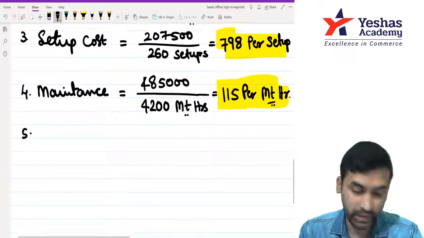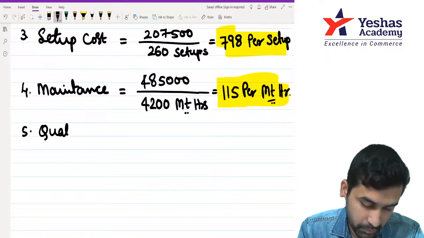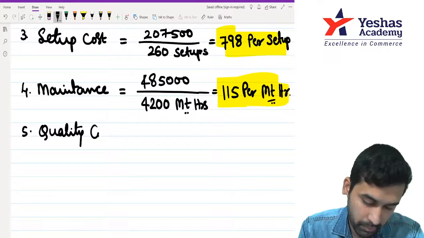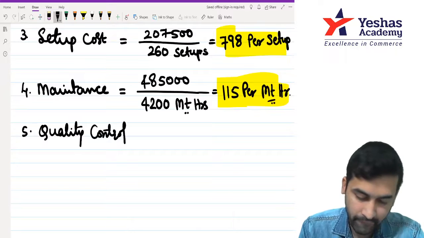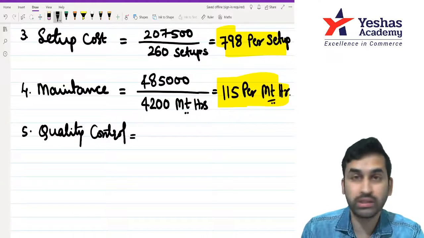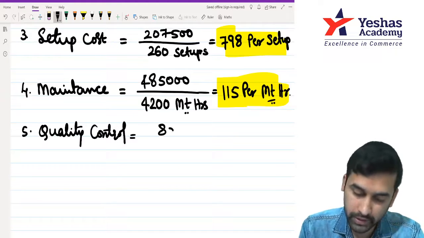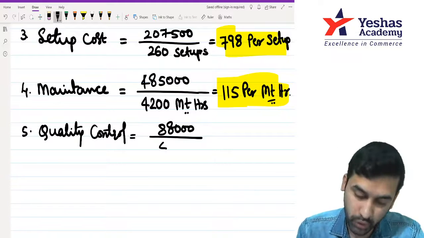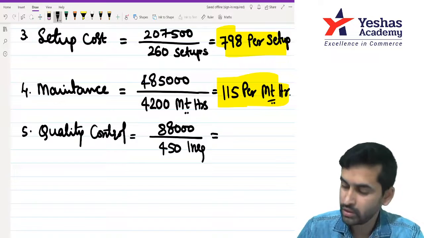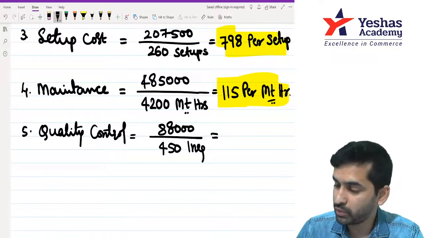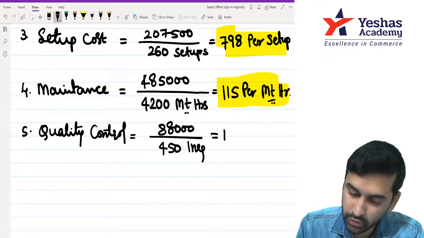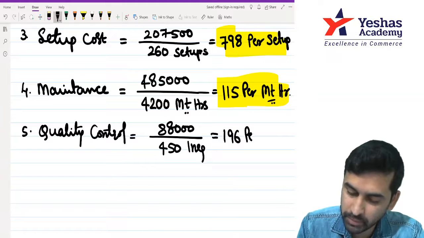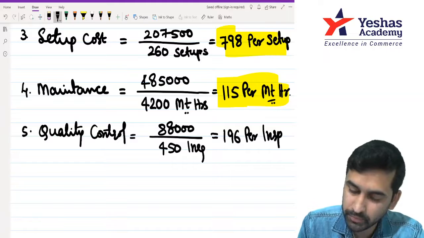Fifth one, quality control. Quality control cost is 88,000, correct, to be divided by how many inspections? 450 inspections. 88,000 by 450, 196 per inspection.